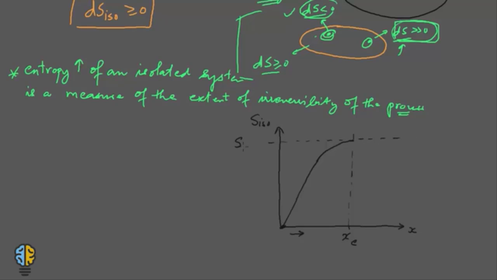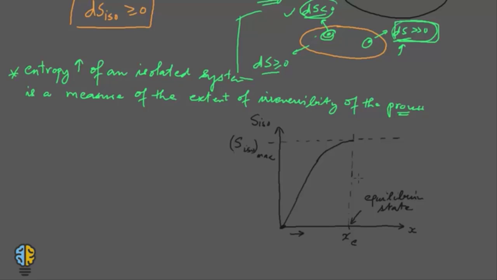So this is S isolated maximum. Alright, so this is how you can look at this entropy increase with the state change. This is the equilibrium state.